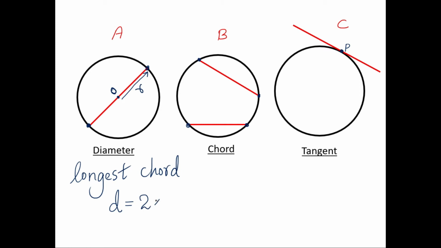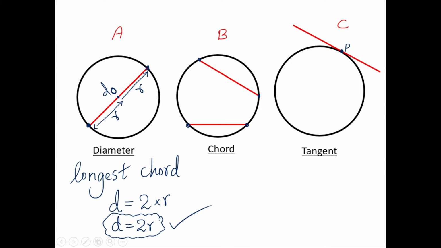So I can write 2 multiplied by the radius, and my formula is D equals 2R. This is a formula that you need to remember. Why is it 2R? You can see here, this is also the radius. So the total length, the red line, is your diameter. D is R plus R, or D equals 2R.